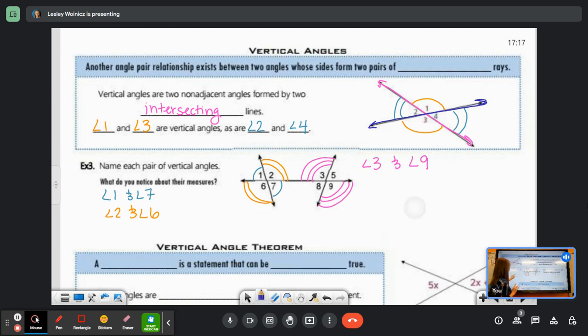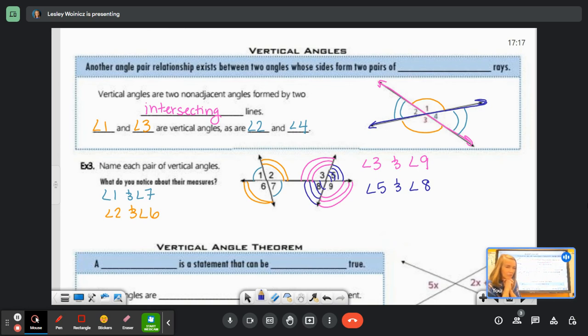And then last, we have angle 5 and angle 8. Now, I'm going to ask again, do you notice anything funny about these measures?